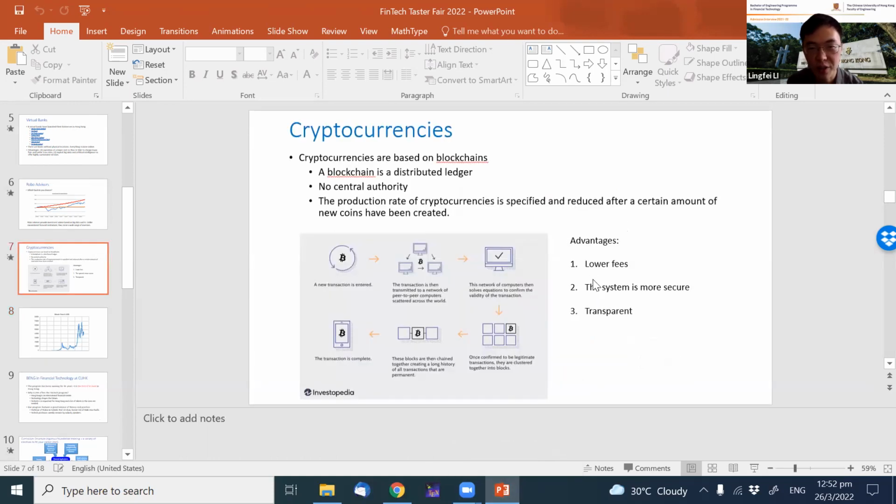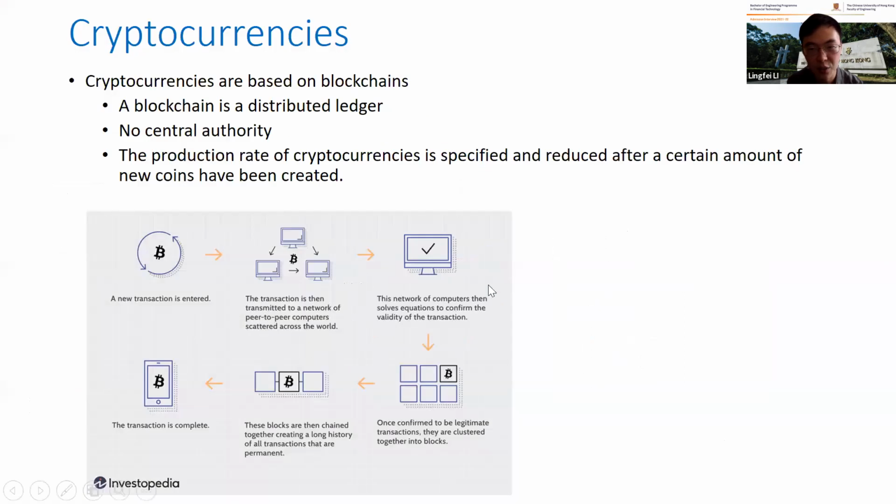Unlike the classical system, where transactions are verified by a central authority, on a blockchain the transactions have to be verified by lots of people on the network, and it takes time for them to solve that cryptography problem. That's why only a very small number of transactions can be validated per second.